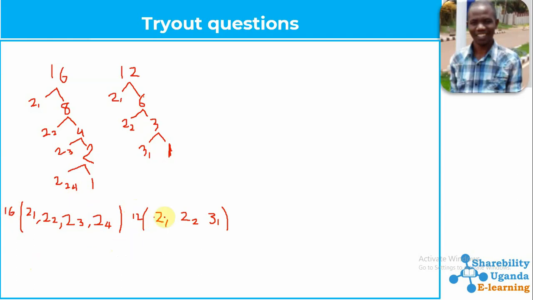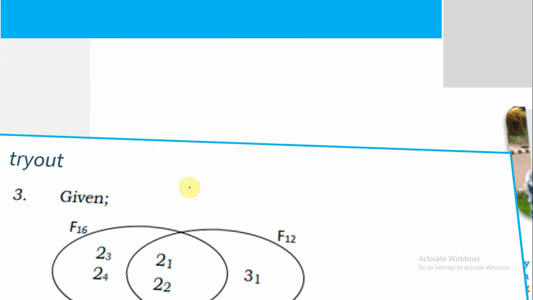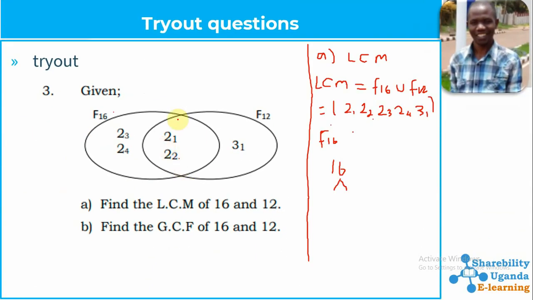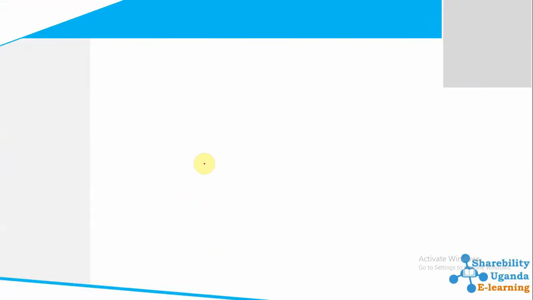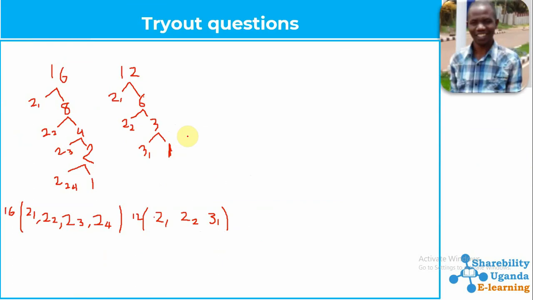So now this shows us how they were able to come up with this set. Now what to do is to represent it on the Venn diagram as it is there. So this was just a quick overview of how they were able to get these prime factors inside our set notation.